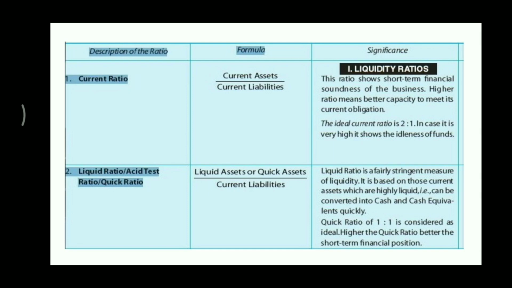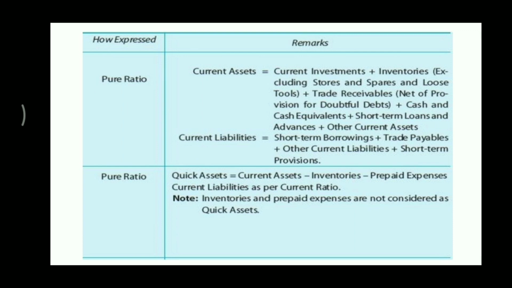Now this part we will see how to calculate the current assets. In the previous chapter of the balance sheet, you learned what are the contents of current assets. So current assets is equal to current investment. Current investment refers to investments which are held for a period of less than 12 months. Inventories, trade receivables. So from trade receivables you will deduct provision for doubtful debt if it is included there.